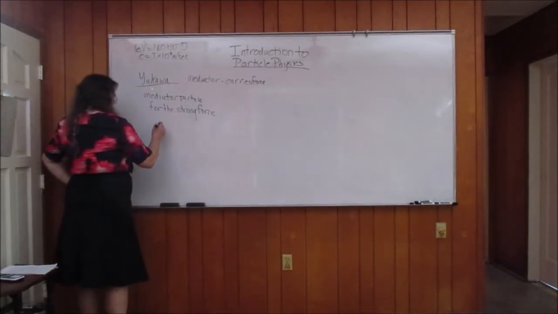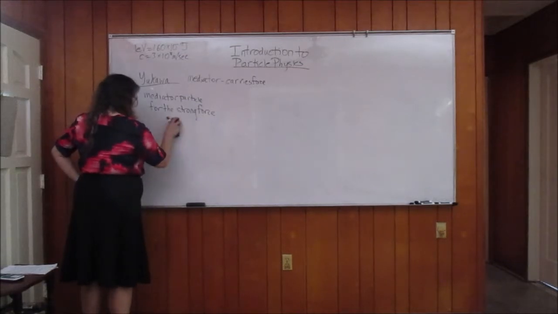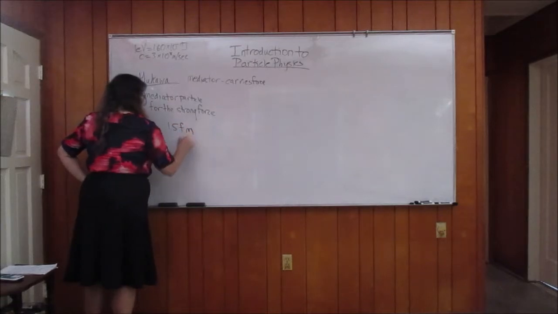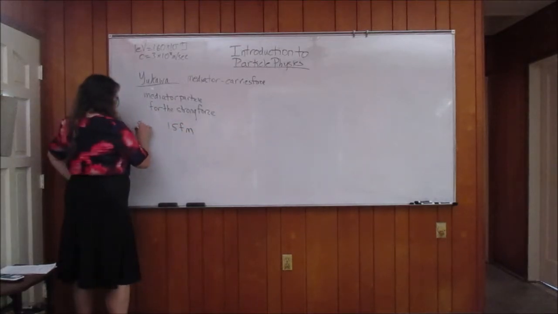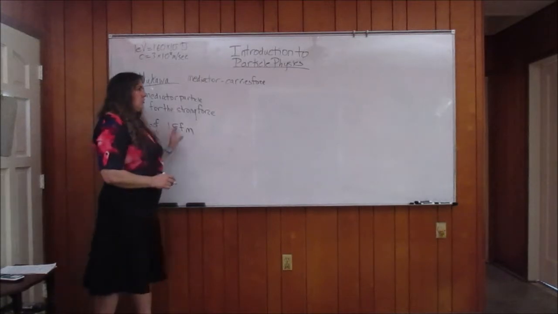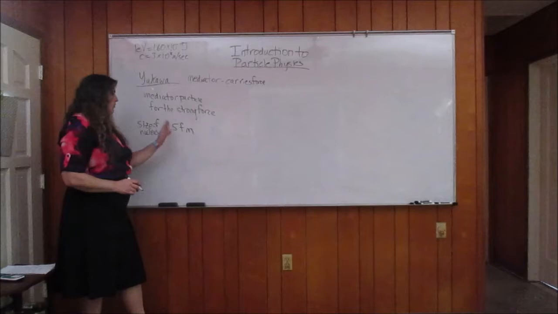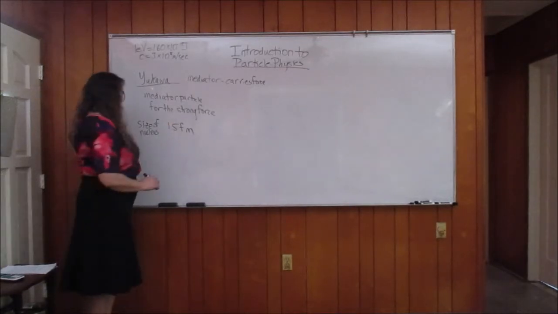So the size of a nucleus is on the order of 1.5 femtometers. That's garnered from basically a bunch of data. And we'll say it's about 1.5. Okay.